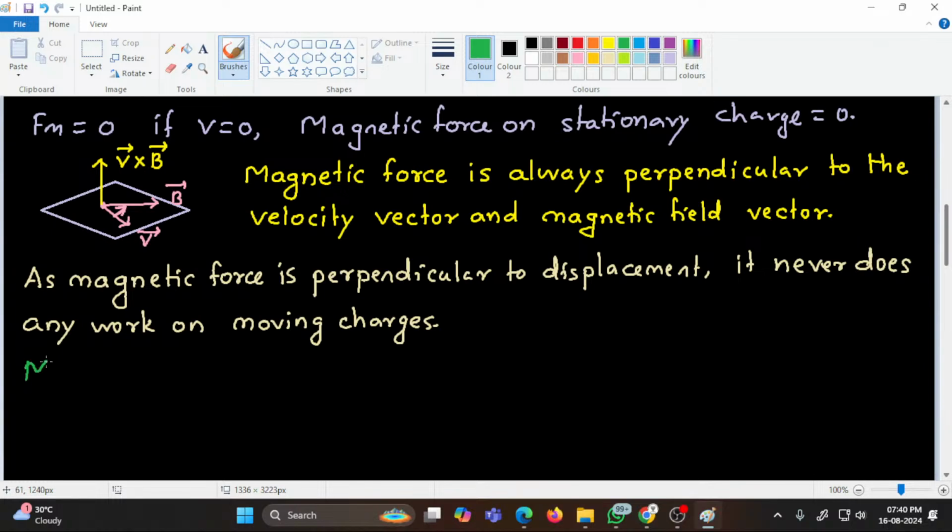Magnetic force can change the direction of motion of moving charge.